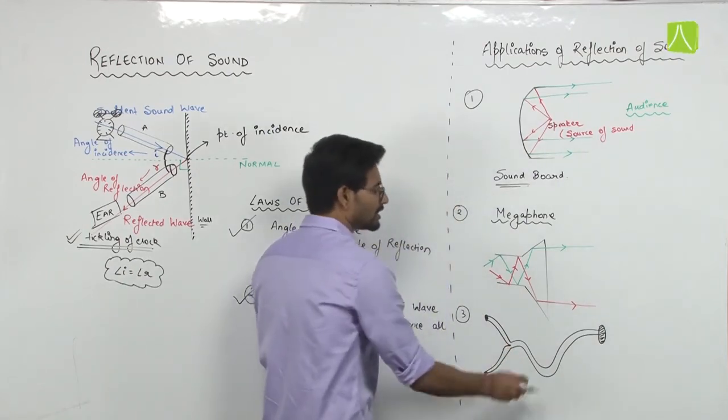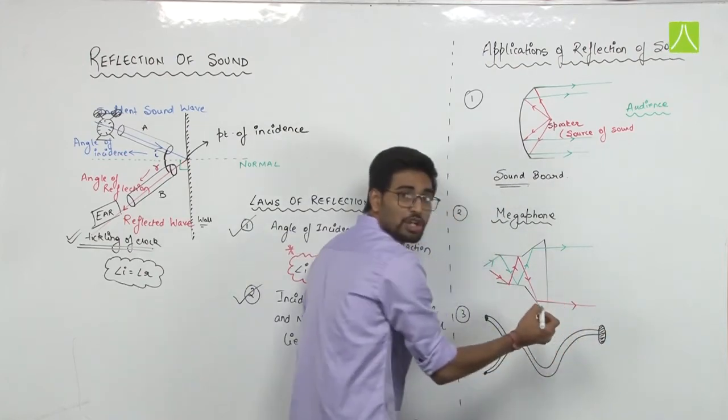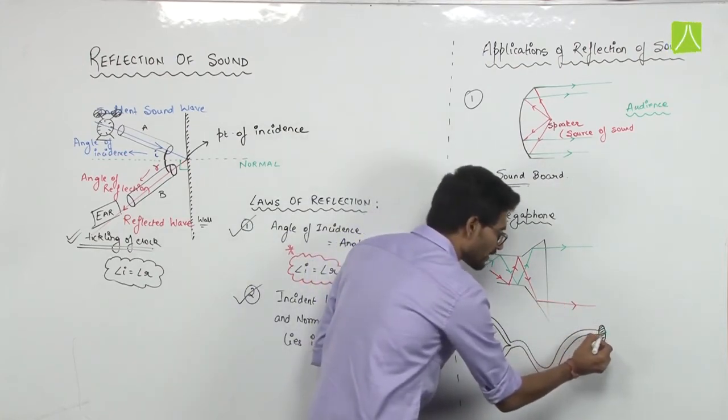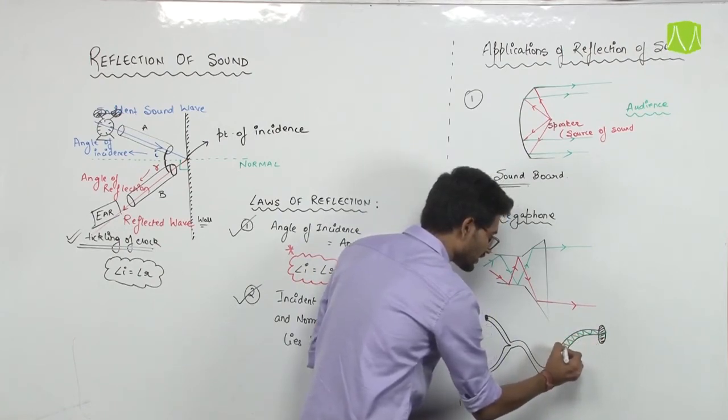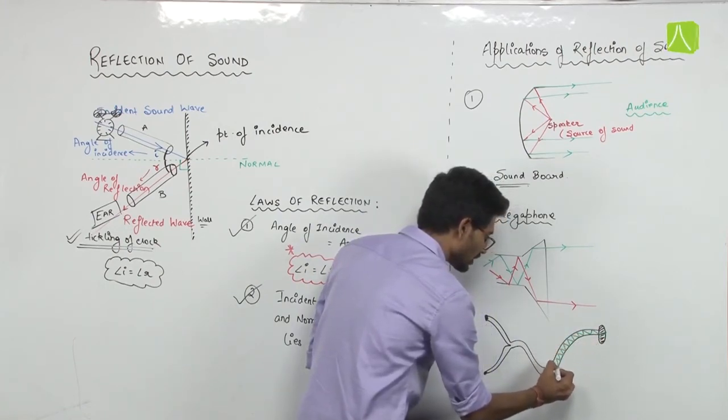The vibrations of the heartbeats travel from here, and there will be a number of reflections taking place in this stethoscope tube like this.